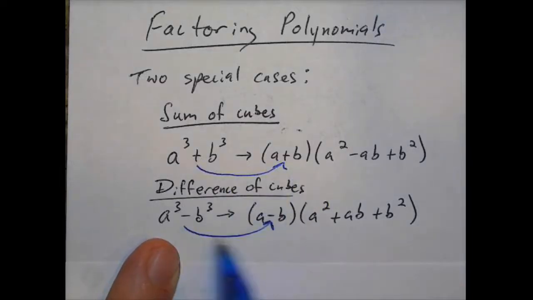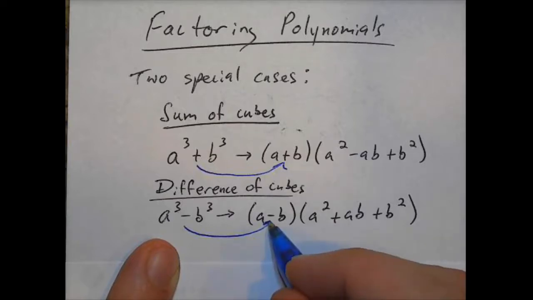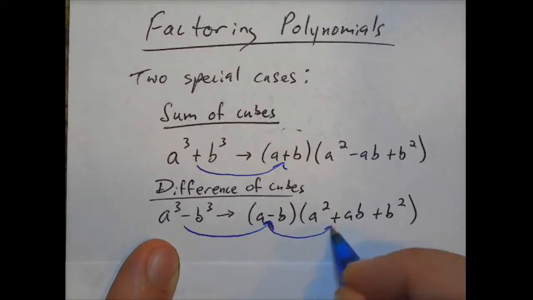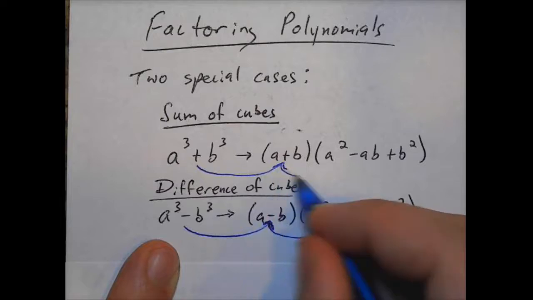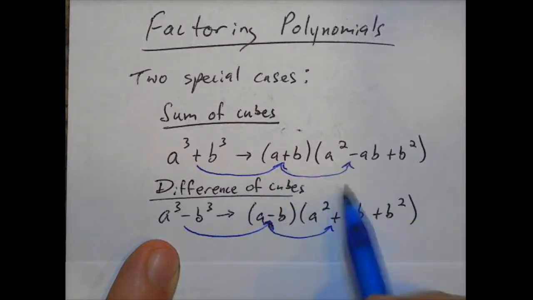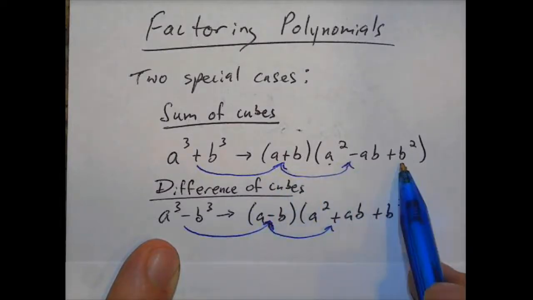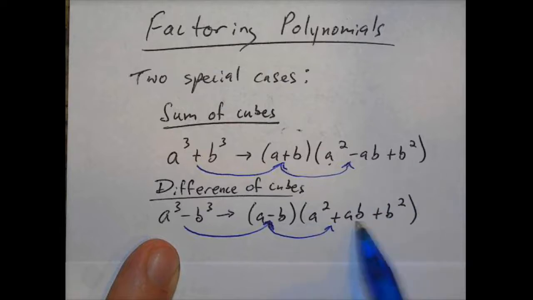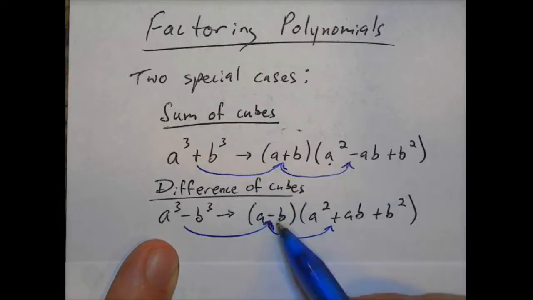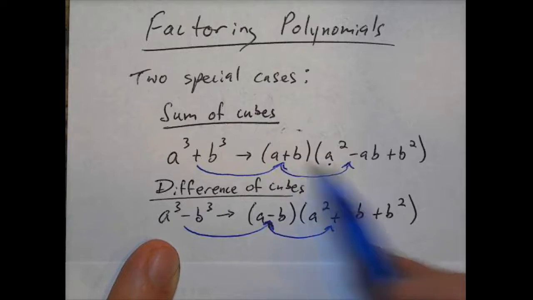If we have a difference of cubes, our first factor will be a minus b. Also notice, if this is a minus, this sign is a plus. If this is a plus, that sign is a minus, because everything else stays the same. A squared minus ab plus b squared, a squared plus ab plus b squared. So a squared, ab, b squared: a, b, minus, plus, plus, minus.